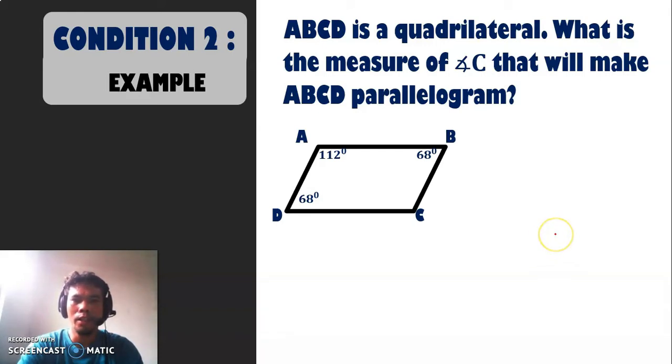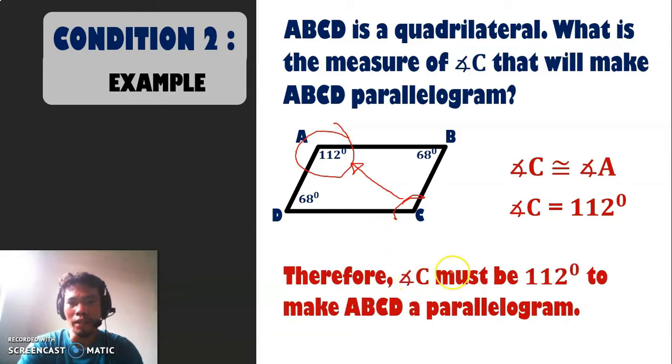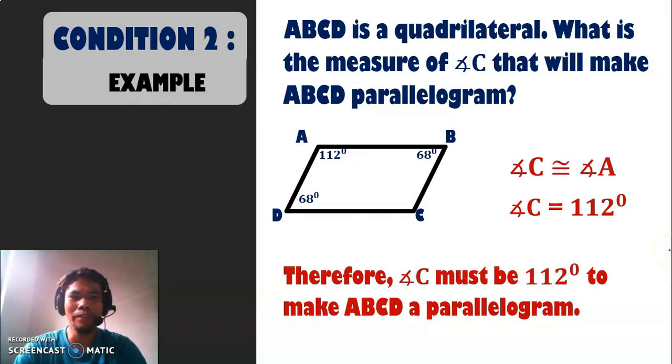Since we are looking for the measure of angle C, angle C is congruent to angle A because the opposite angle of angle C is angle A. Then angle C is equal to the measure of angle A. The measure of angle A here is 112 degrees. Therefore, angle C must be 112 degrees to make ABCD a parallelogram. Are we good?